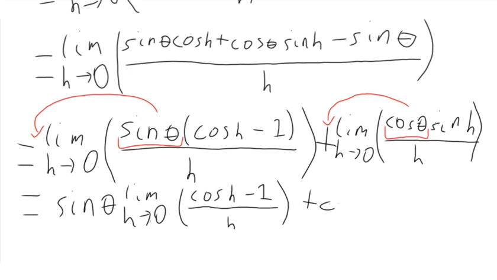And then for the second term we have cosine of theta, not h, times the limit as h goes to 0 of sine of h over h.